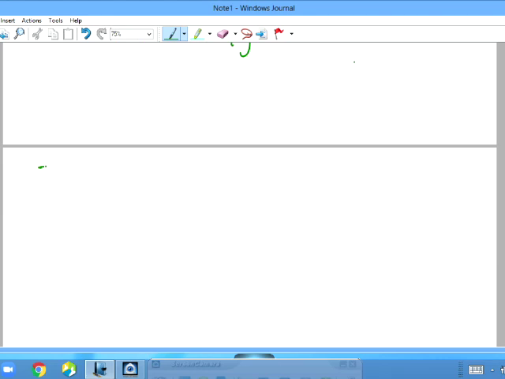You just have to write down this divergence of sigma in cylindrical coordinate system.